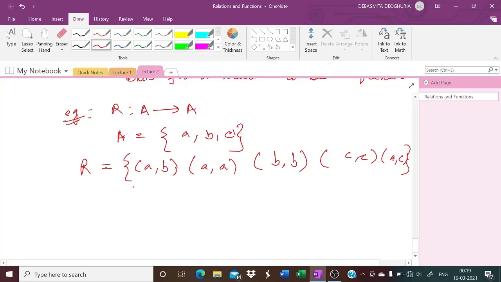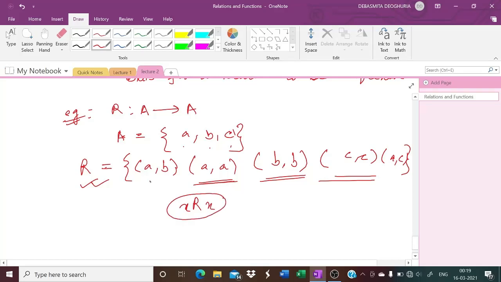So now this relation would be a reflexive relation, because for all X belongs to A, X is related to X, as you can see in this relation.